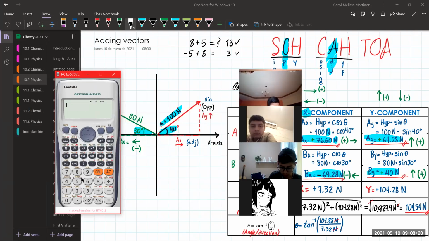So this is going to be shift tangent of 104.28 divided by 7.32, close parentheses. Did you get the same result as me? Yes. So the angle that I obtained was 85.98. And because we are talking about angles, this is going to be in degrees.